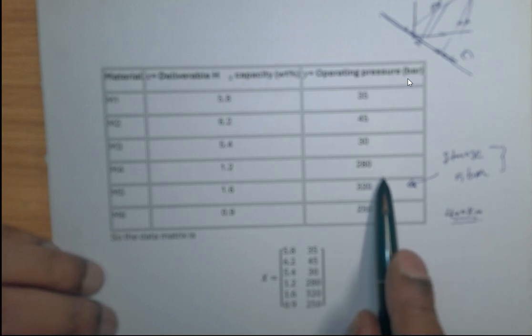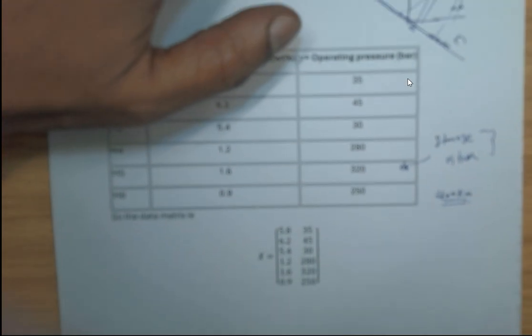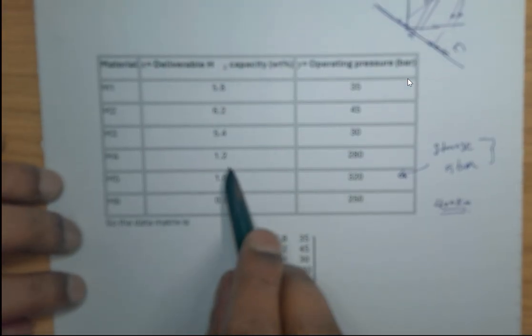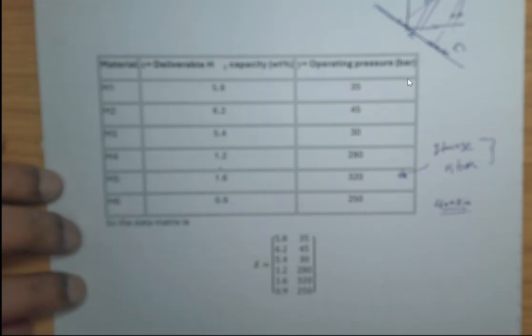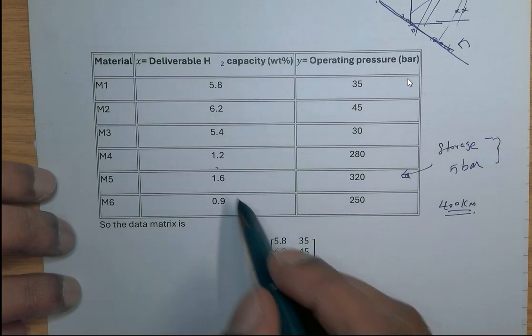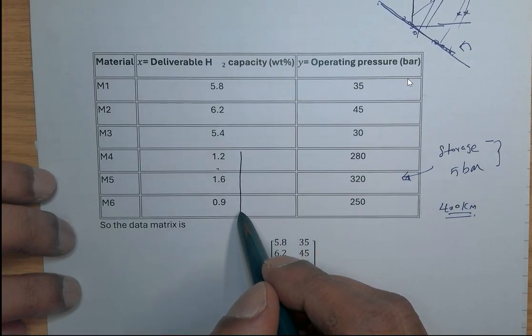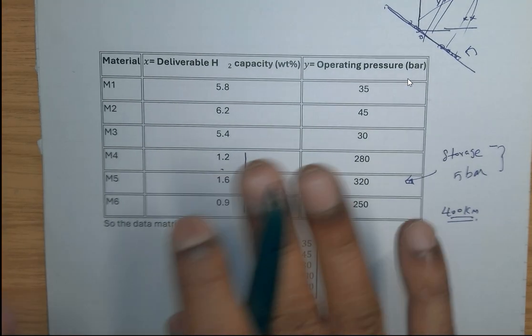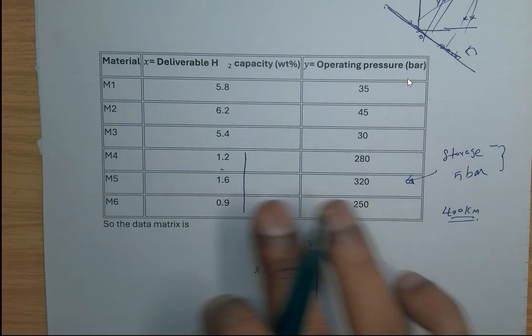On the other hand, this material seems highly stable at higher pressure. You can operate this material at higher pressure. Still, the deliverable capacity is very low, isn't it? The deliverable capacity is really low here. So that's the whole essence of the problem.